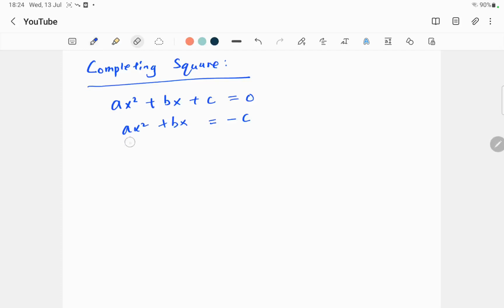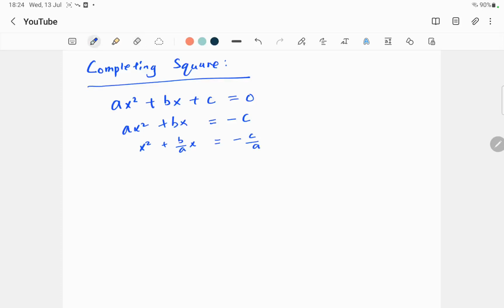How do we achieve that? You can achieve it by dividing by a. So that's what you get after we divide all the terms by a. Now we are ready to carry out the completing the square because the coefficient for the x squared is equal to 1.